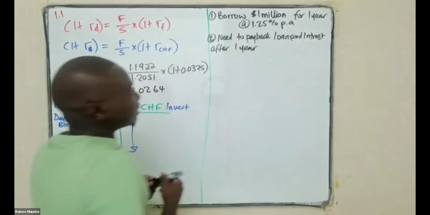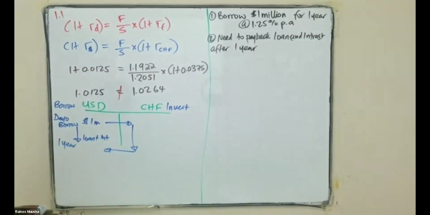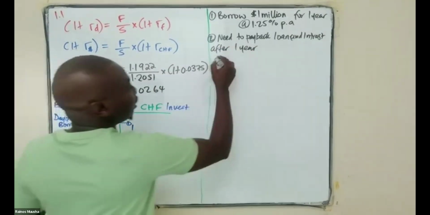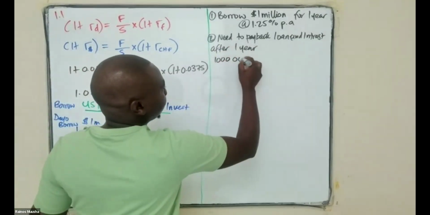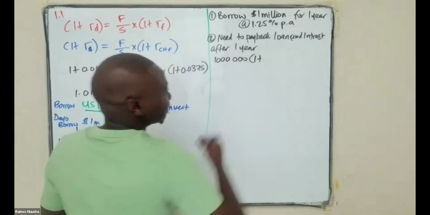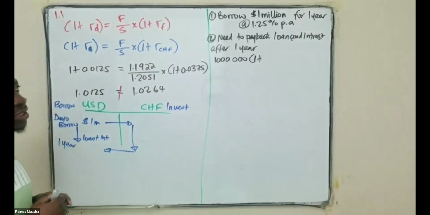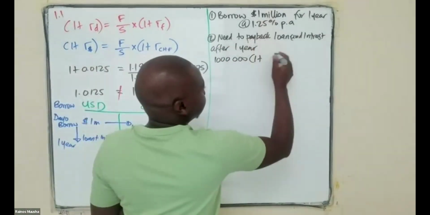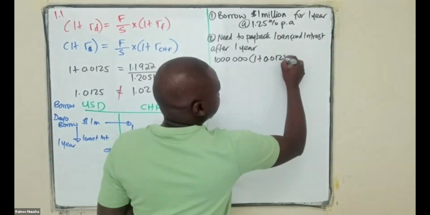And the loan plus interest that we need to pay back in this case is going to be, remember, we're borrowing 1 million, in brackets 1 plus the interest rate, which is 1.25%, so it's 0.0125.